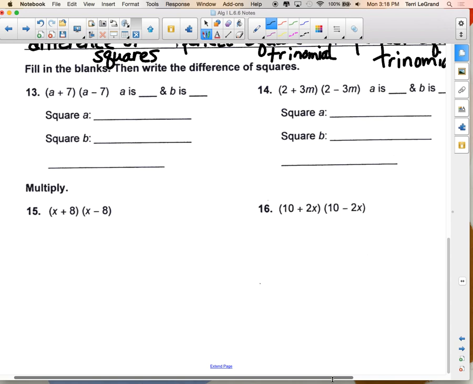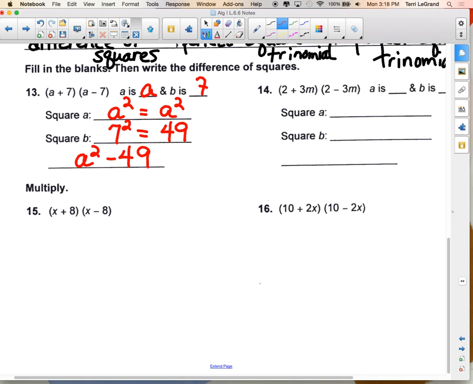Difference of squares. Our A is what? A is A in this one. B is 7. So we get to square the A, square the B. A squared minus B squared would be A squared minus 49. Simple as that. We get to skip those 2 middle multiplications, don't we?